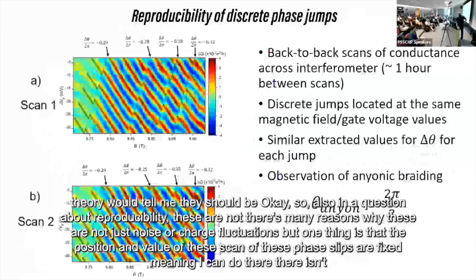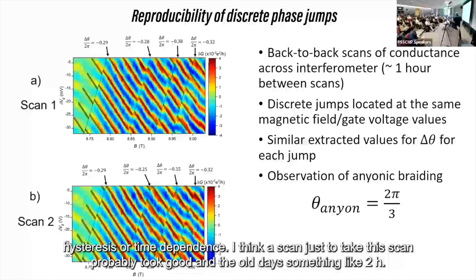Okay. So also, in a question about reproducibility, there are many reasons why these are not just noise or charge fluctuations. But one thing is that the position and value of these phase slips are fixed, meaning there isn't hysteresis or time dependence. I take a scan. To take this scan probably took, in the old days, something like 2 hours.